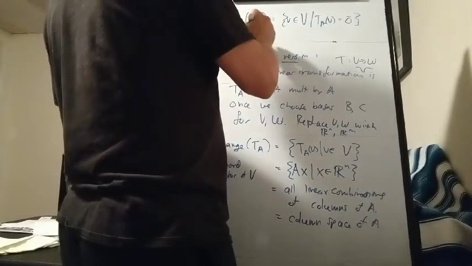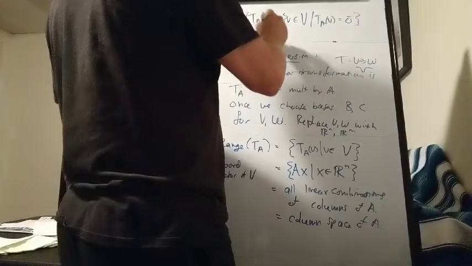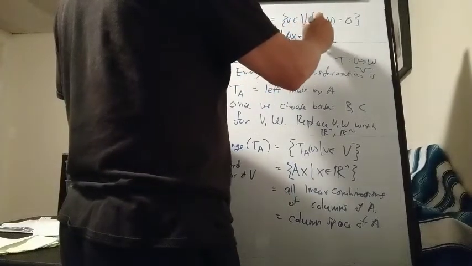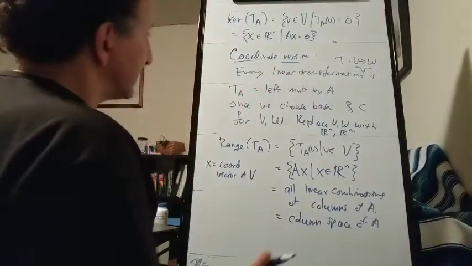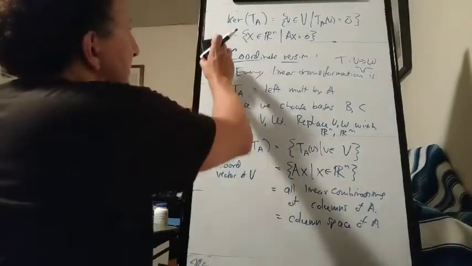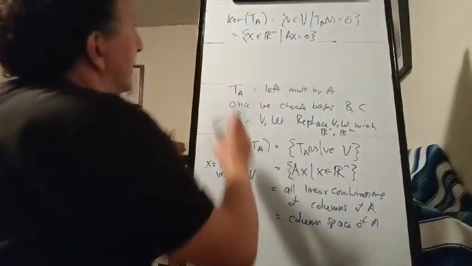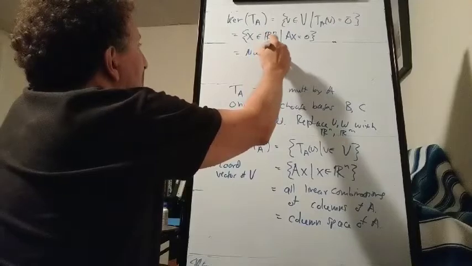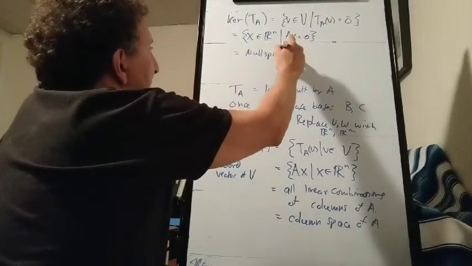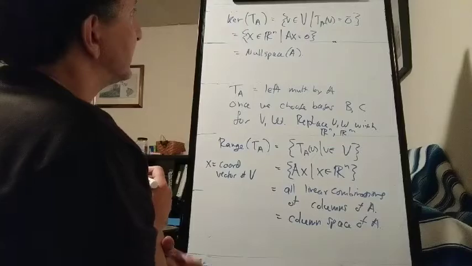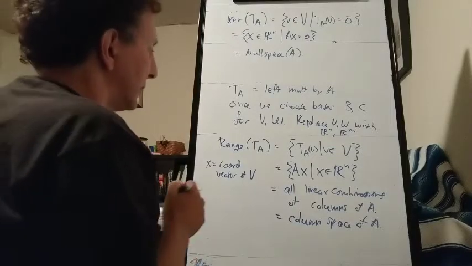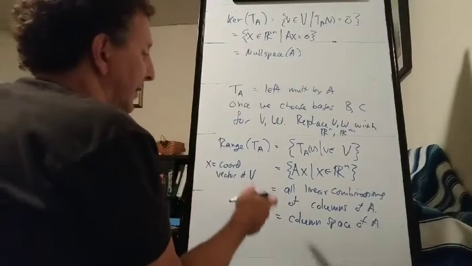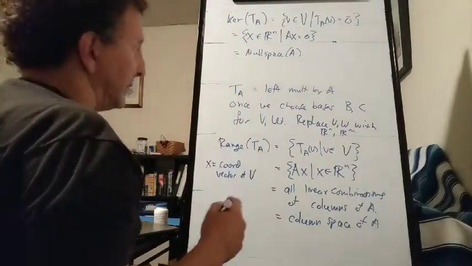So all of the coordinate vectors x in R^n such that Ax equals 0. Well, we know all that already. That's the null space of A. So in the coordinate version, range and kernel are really just the column space of A and the null space of A.